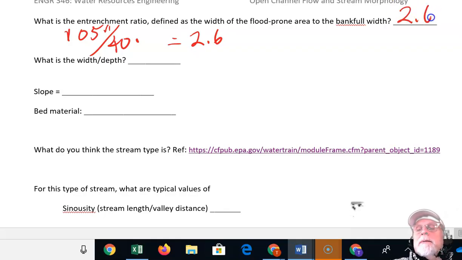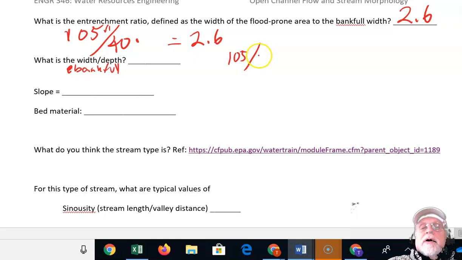Another measure we can look at is the width over the depth. In the Rosgen book it's taken at bank full. At bank full it was a 40 foot width over a depth of 3 feet, which equals 13 1/3.